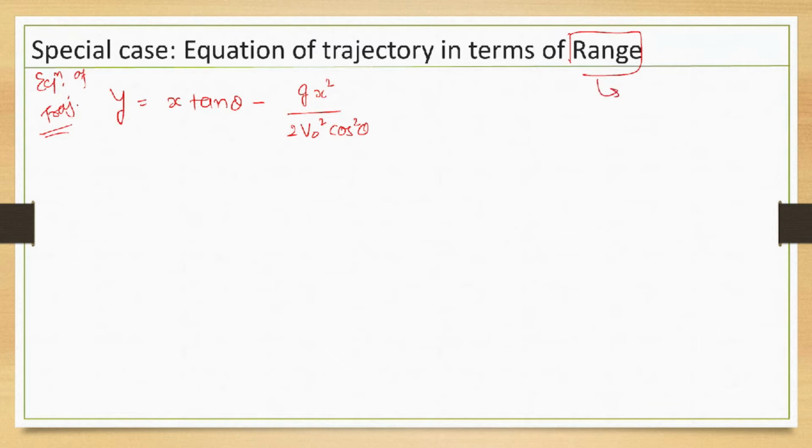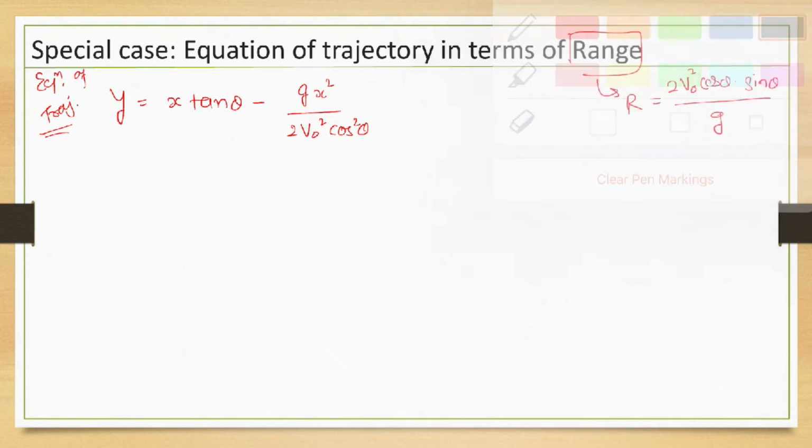So first of all, what is the range of this projectile? Range is equal to 2 v naught square cos theta into sin theta upon g. This is the relation for the range. Let's do some simplification.